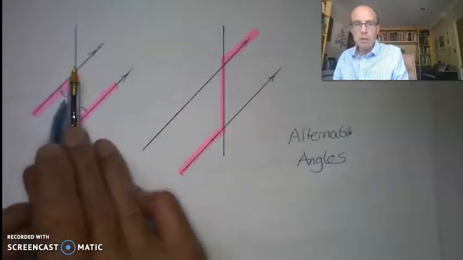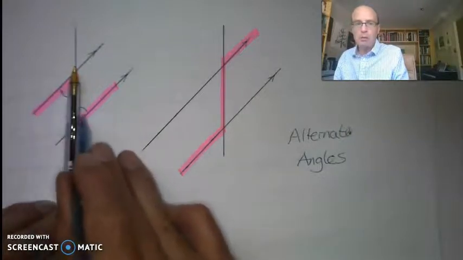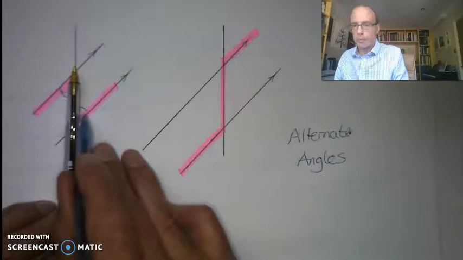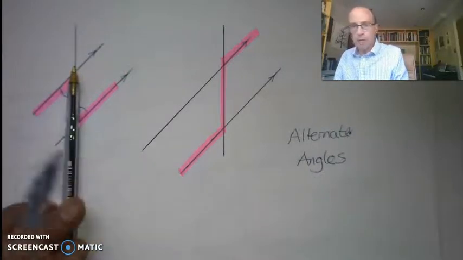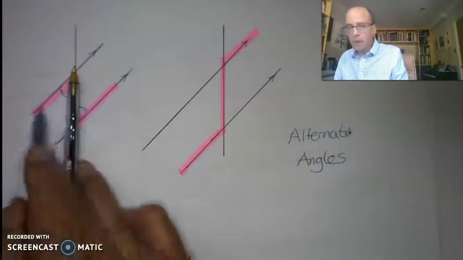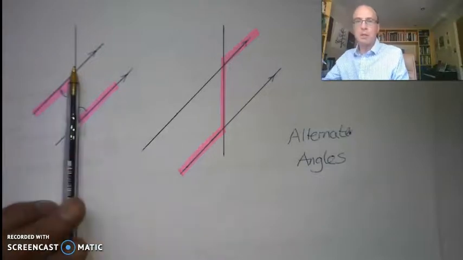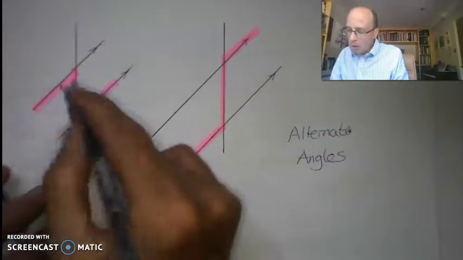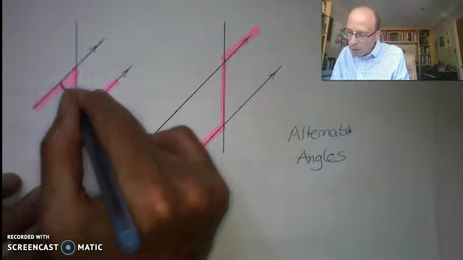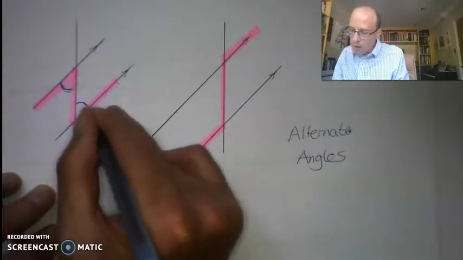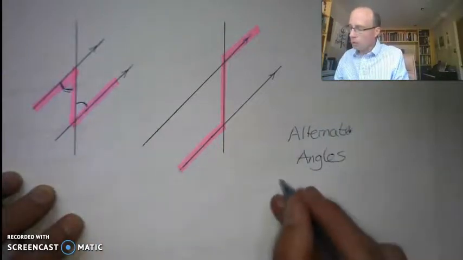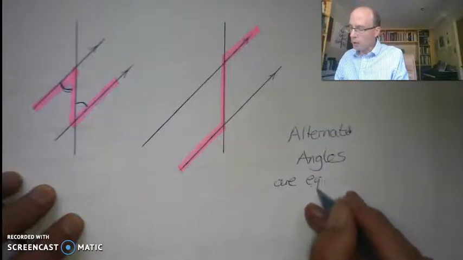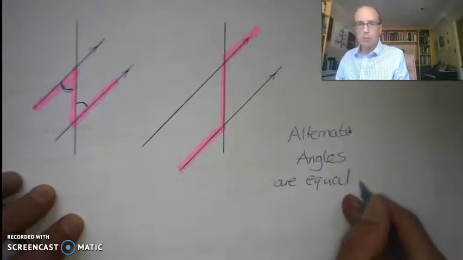And one of them's at the top and one of them's at the bottom. So not only have we gone from left and right of my pen, but we've gone from top line to the bottom line. So those two angles we describe as alternate, these two here. Alternate angles are also equal.